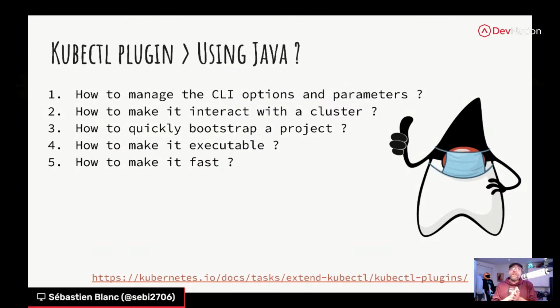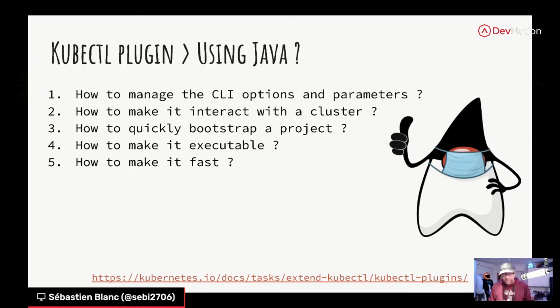So let's dive into the meat of this presentation, okay? Because my talk is about creating kubectl plugins in Java with Quarkus, and we have a few challenges to face. How do we manage CLI options and parameters with Java?